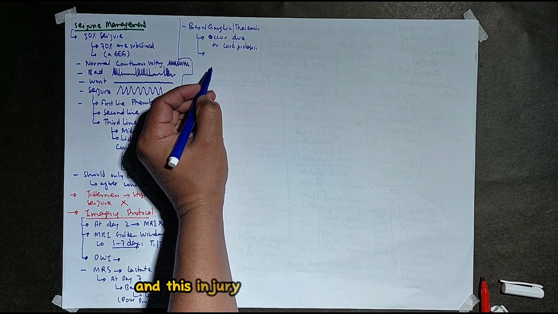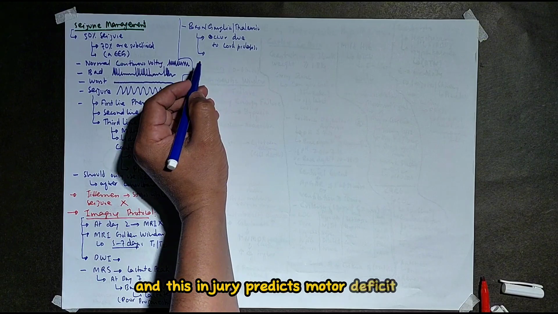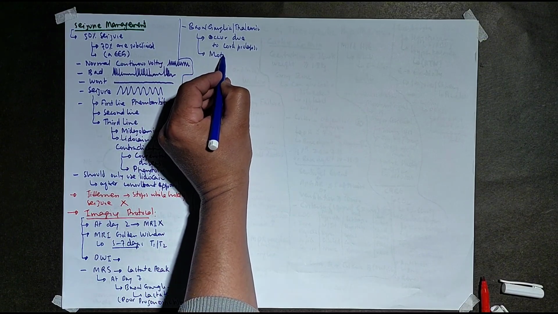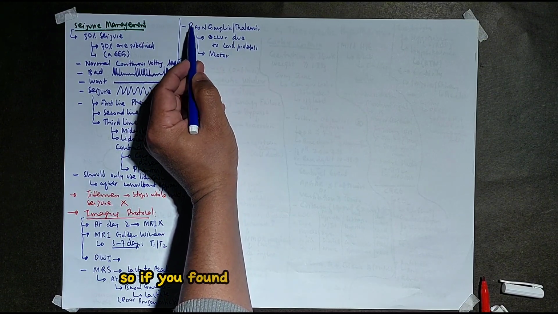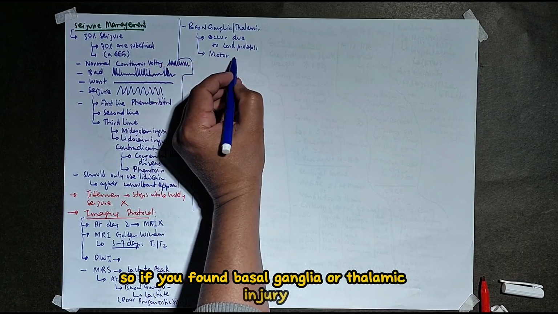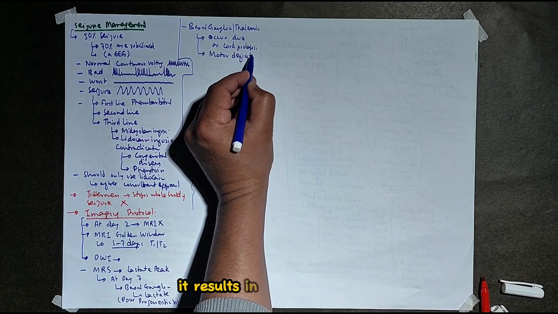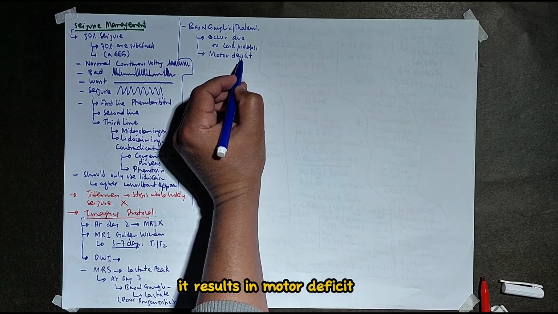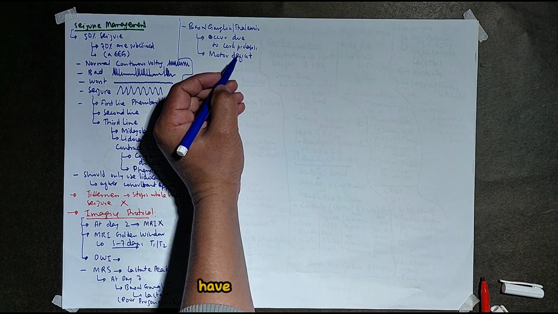This injury predicts motor deficit, that is cerebral palsy. So if you find basal ganglia or thalamic injury, it results in motor deficit and the child might have cerebral palsy.